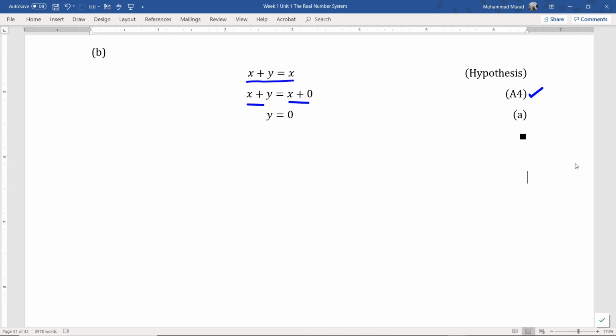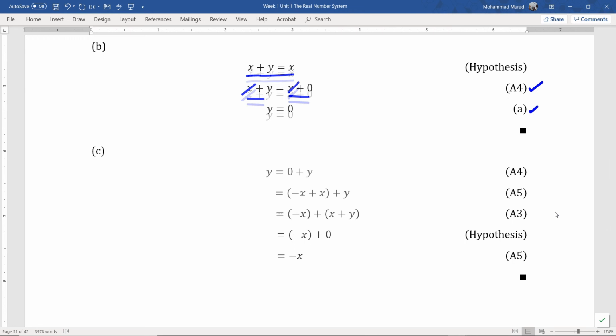And now, by applying the cancellation law for addition we just proved, we can cancel x from both sides, and this leaves us with the statement y equals 0. This is the end of the proof of B.